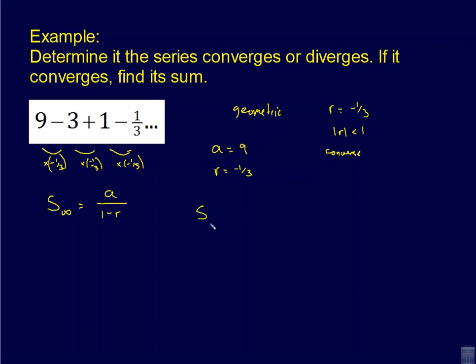So this one is going to be 9 divided by 1 minus -1/3. So 9 divided by 4/3 ends up being 27 over 4. This series will converge to 27 over 4.